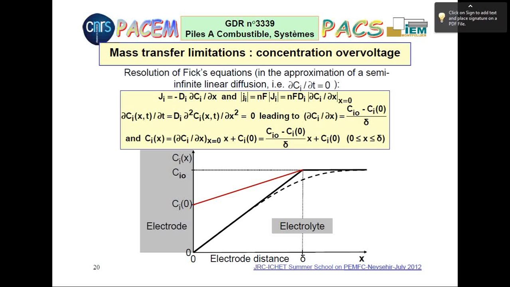That's very easy to follow. And this process does not depend on the electrode potential. That means in the curve, if you see some limiting current independent of the electrode potential, that's mass transfer limitation.